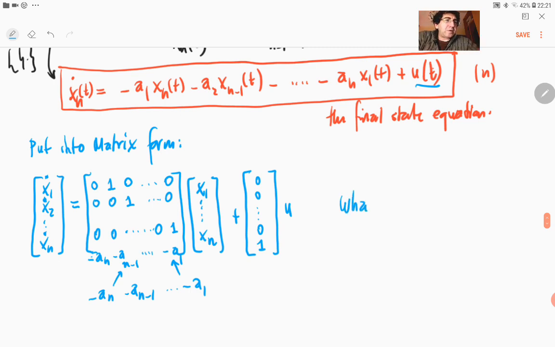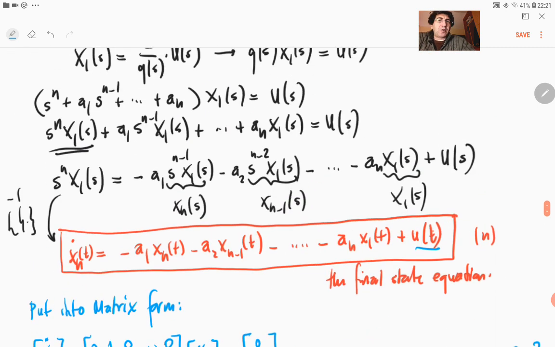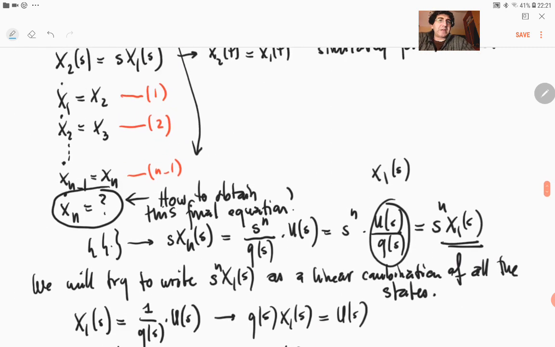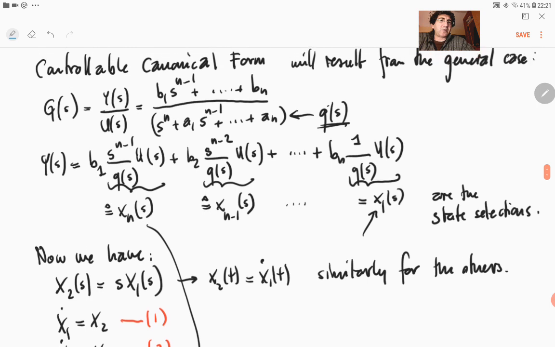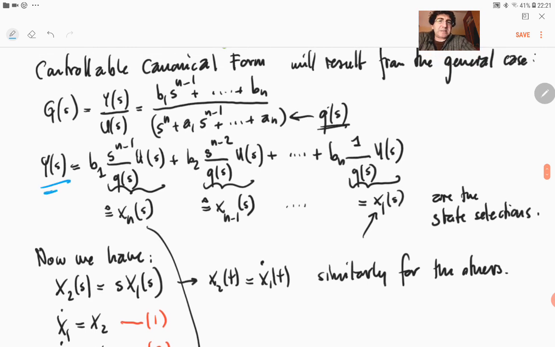What is the output y of t? If we go back over here to our initial equation, you see this is the expression for the output.